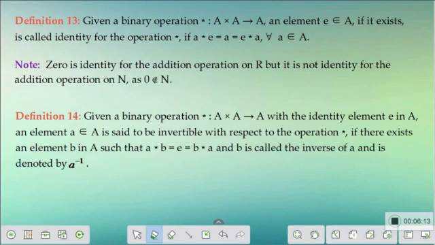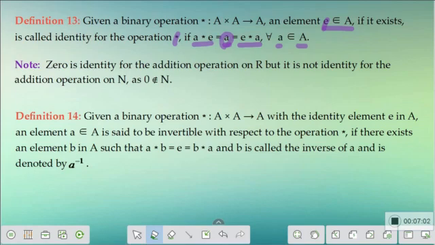The next property that we learn is identity. Given a binary operation star from A cross A to A, an element E that belongs to A, if it exists, is called the identity for the operation star if A star E equals A, and that is equal to E star A, for every a belonging to capital A. That is, if you are able to find an element E such that a star E is equal to E star a, and both are equal to a, then you can call that E your identity.